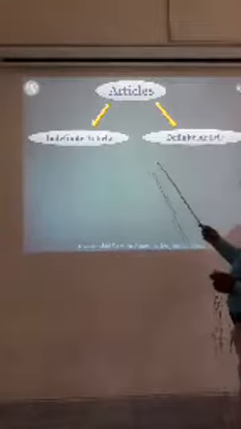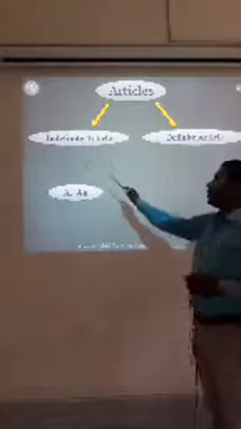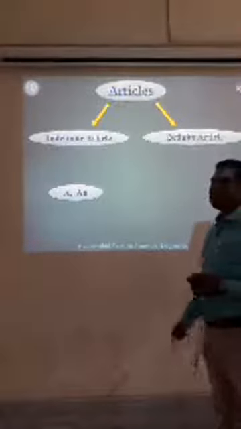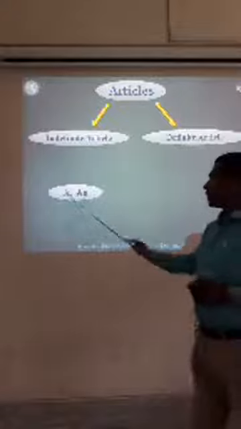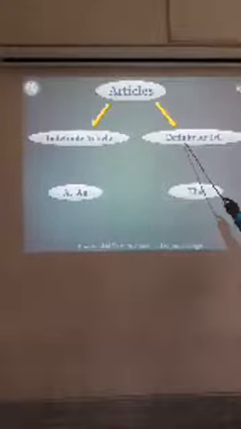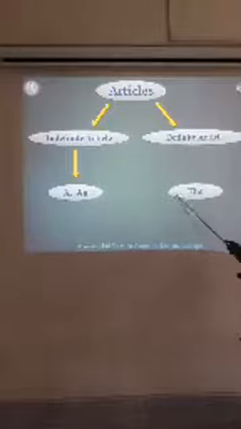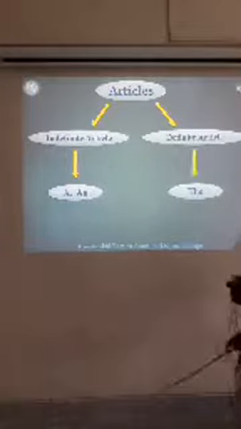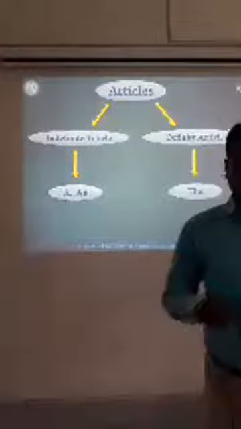In indefinite article you will find two elements, that is a and an. In definite article, one element you will get, that means the. I think you will find it better.